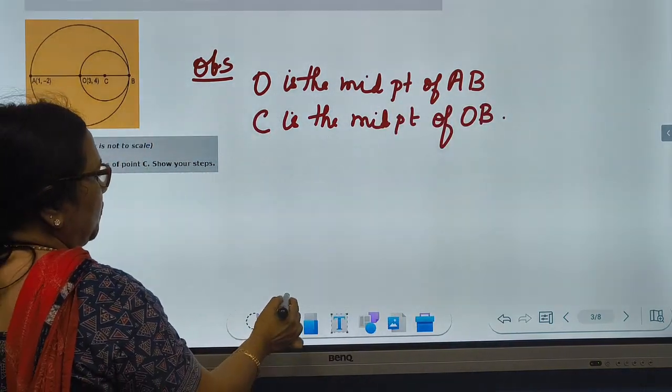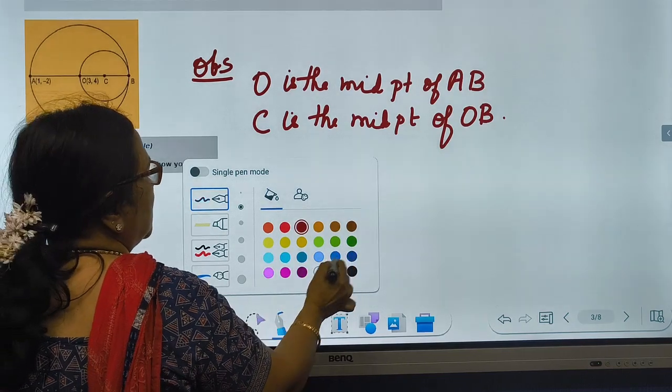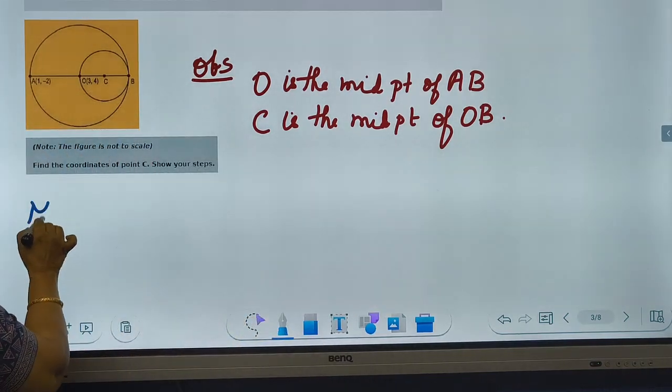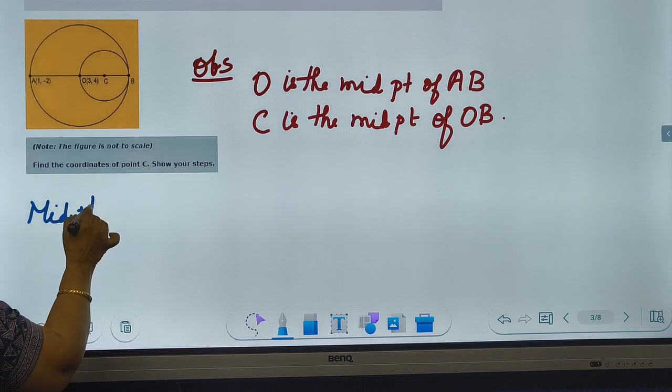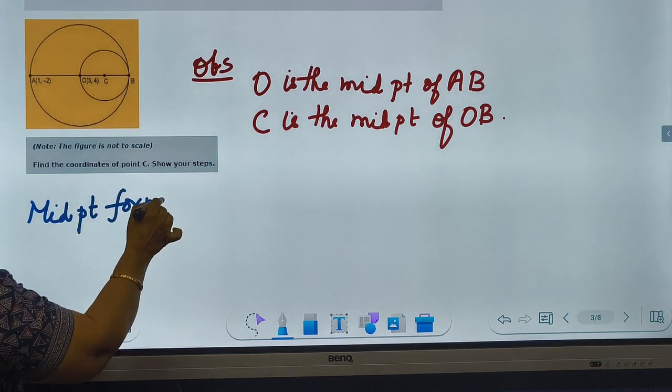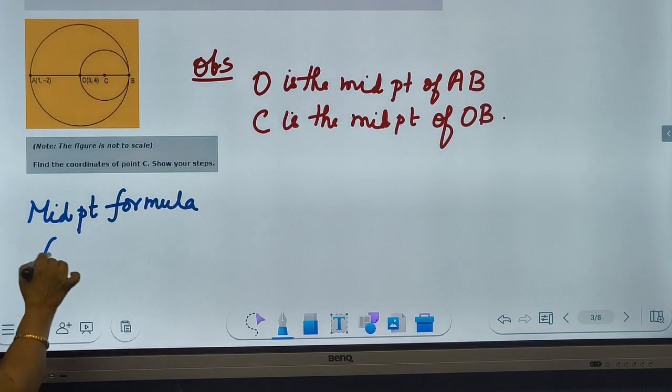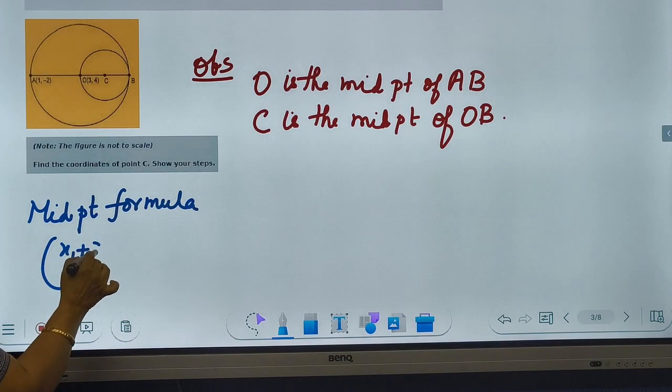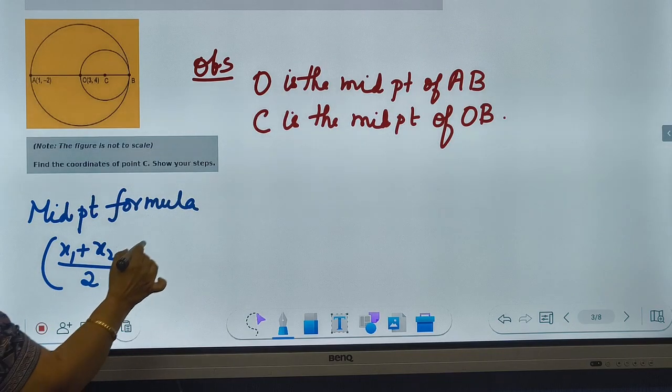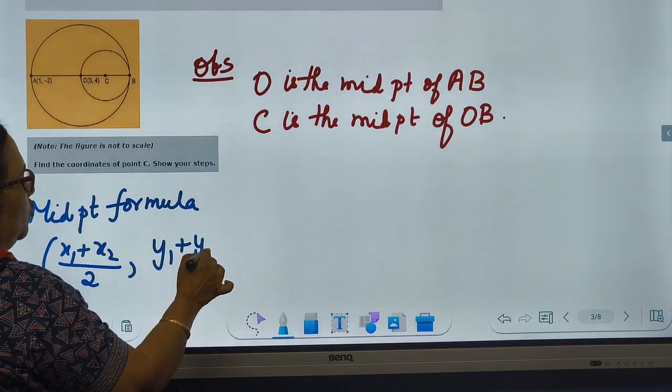So whenever we talk about midpoint with respect to coordinates, recall the midpoint formula. Midpoint formula is given by (x1 plus x2 by 2, comma y1 plus y2 by 2).